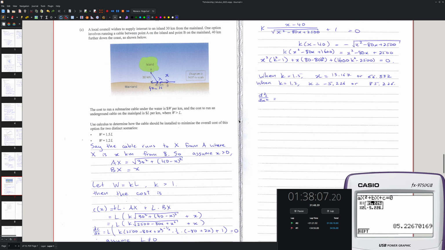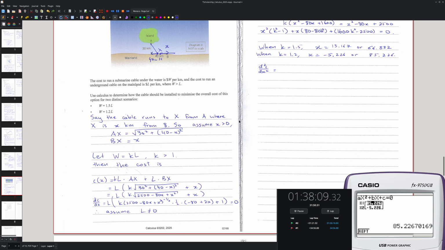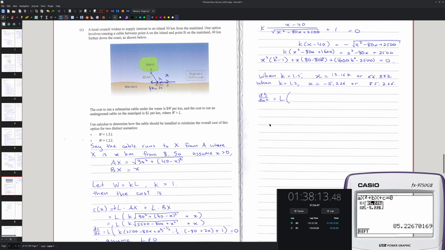So you still get one factor of L and x squared. So quotient rule, you square the bottom, right? So x squared minus 80x plus 2500.